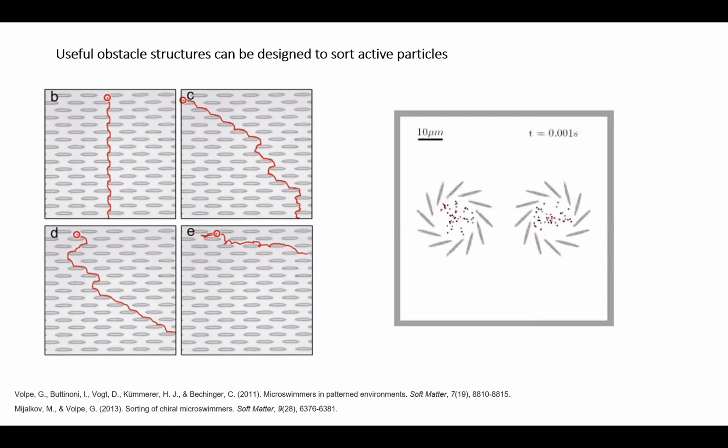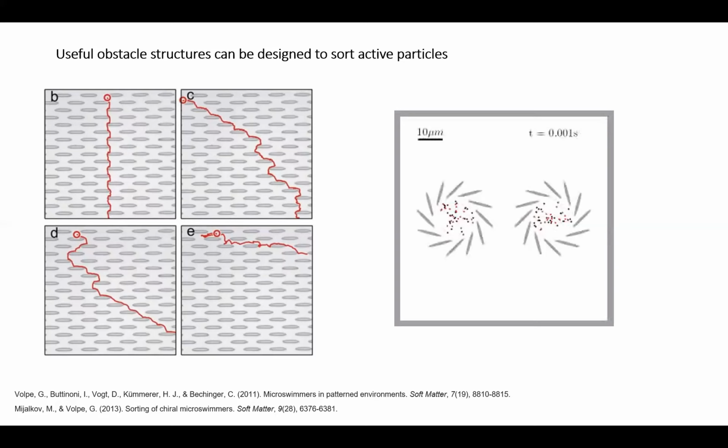And also this, what is called a chiral flower, by Mita, who was a master student a lot of years ago, actually a little bit before me. But yeah, Mita has made these simulations where you can demonstrate that you can also sort them by chirality. If you think about it, if I have a particle that is left chiral, swimming like this, it is very unlikely that this particle will swim out of this.